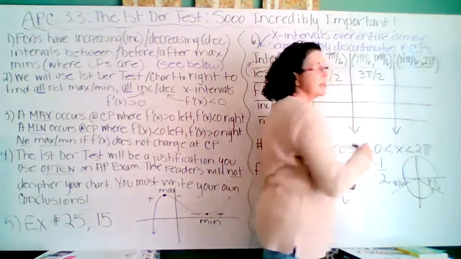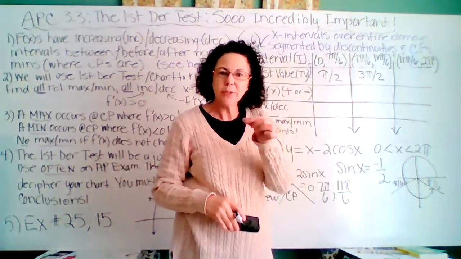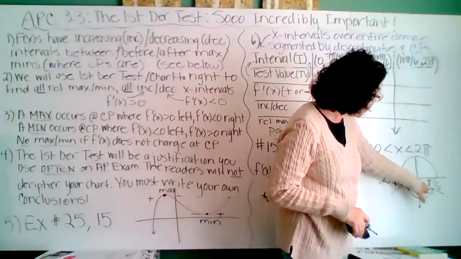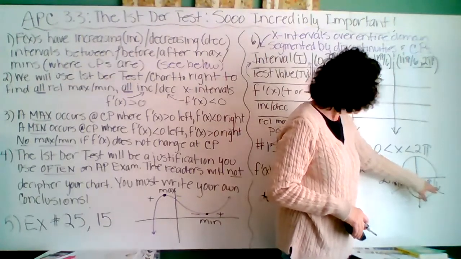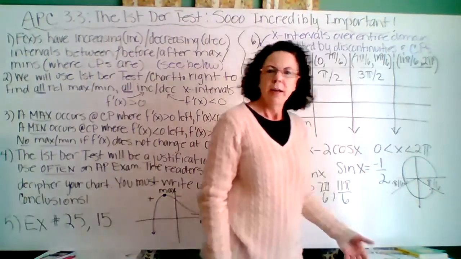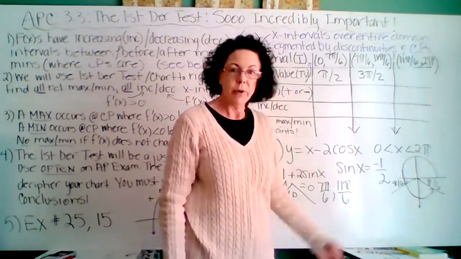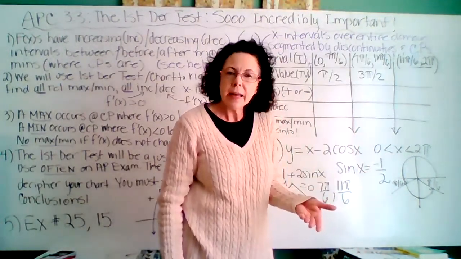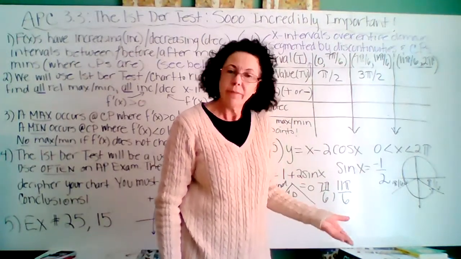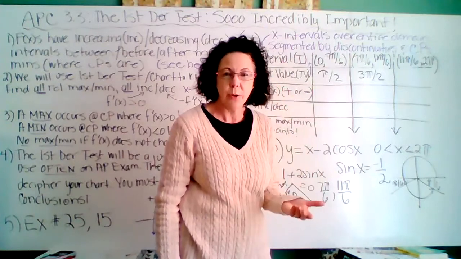Okay, now as I talked about, here's one of the difficult steps that comes in. Take a look here. We want to pick a test value in between 11 pi over 6 and 2 pi. Well, on our unit circle, we don't recognize really any angle in between there, right? And so, well, we have no angle on the unit circle in between there.